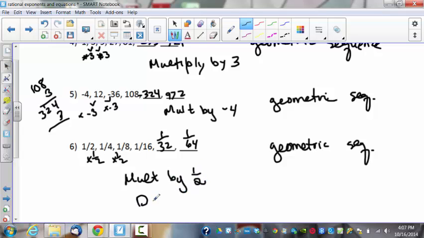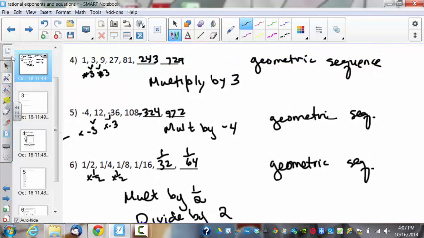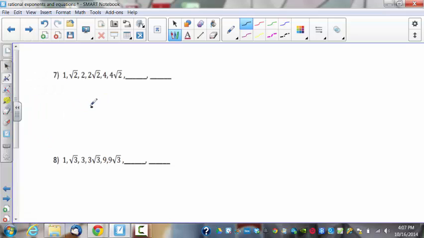Or you can say divide by the reciprocal or the multiplicative inverse, which is 2. All right, let's go to the next page. And these are a little bit more challenging. Go ahead and just take a look at them, think about it, and just try your best and submit your responses.